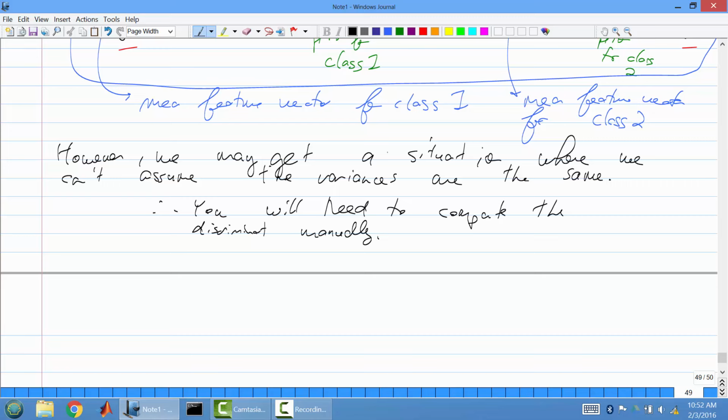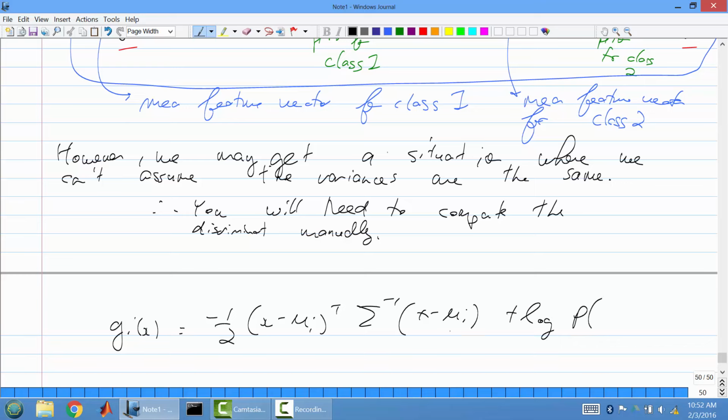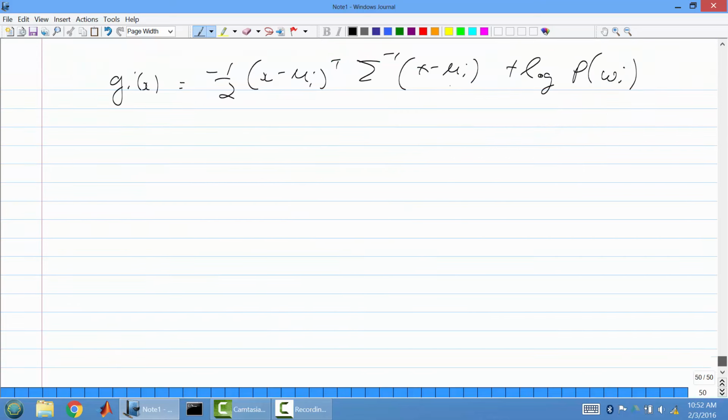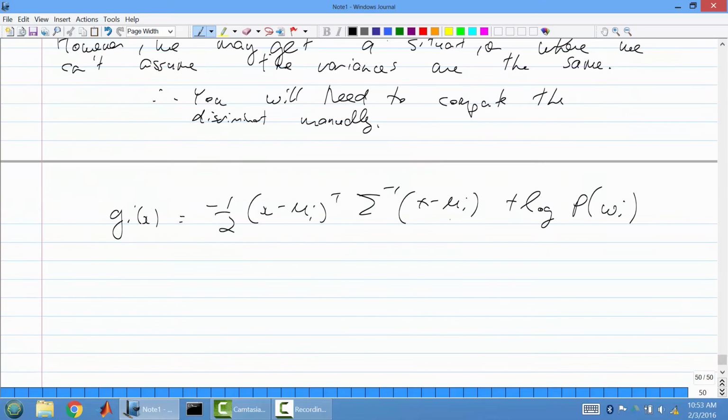Right, so instead you'd have g_i of x, so minus a half. So you'd still use the log stuff, right? Transpose, and this is x, right? And then plus. So you'd have to do this yourself, unfortunately. So you just do this, and then you just set g1 equal to g2 and solve.